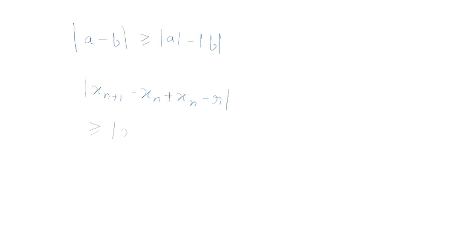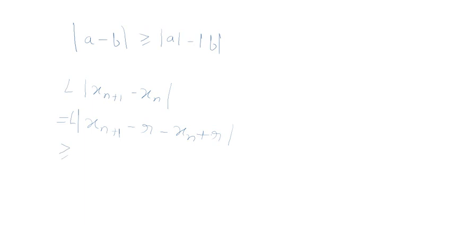So instead of this, you just start with mod xn plus 1 minus xn, add and subtract R here: mod of xn plus 1 minus R minus xn plus R. Multiply by L on both sides; that will not matter, because L is a positive constant.